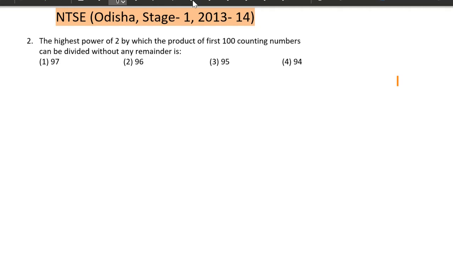So I am writing the product of 100 counting numbers: 1 into 2 into 3 into 4 into 5 into 6 into 7 into 8 into 9 and so on up to 100.